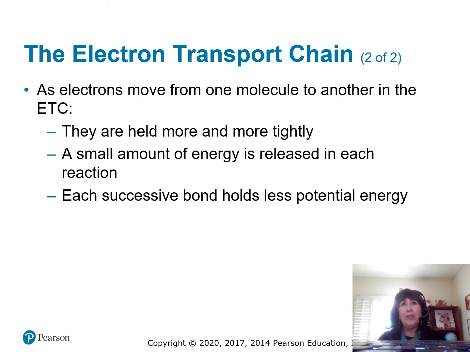So electrons are going to move from one molecule to another, and as they do that, they're going to start to lose energy. They're going from a high energy to a low, high to low.